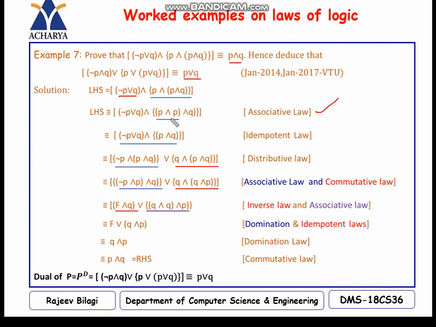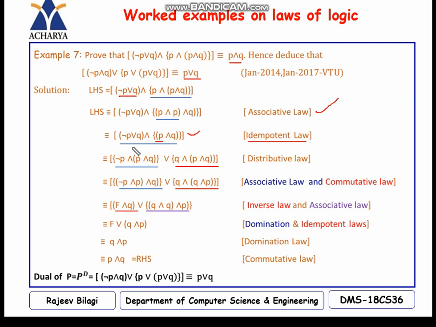Now if I write P and P as P, that is the idempotent law. Second one: I'll retain this P or Q and P, this will become P and Q. Okay, so now this is the second step.